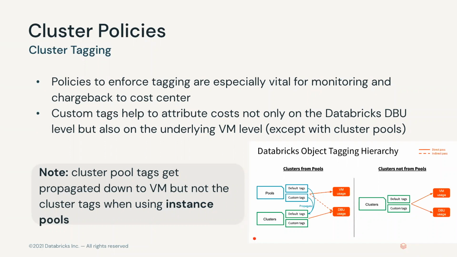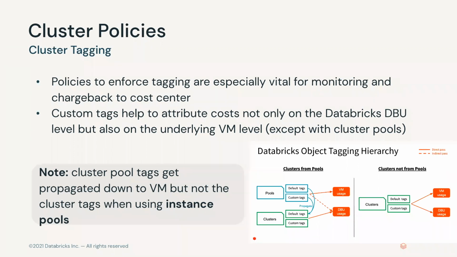I always get a little bit confused by this statement, but generally what it's saying here is that you should create cluster tags on the instance pool, not on the clusters themselves.